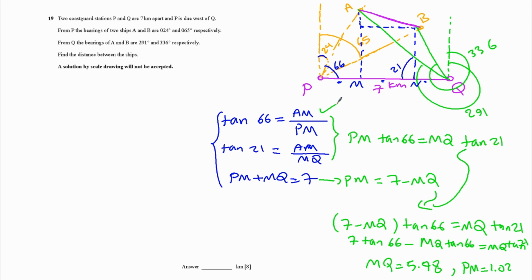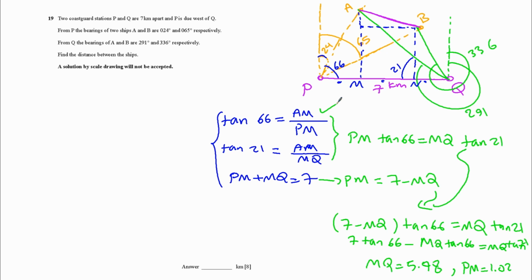So I can do tan of 66 times PM, which is 1.02. That would give me 2.29. So I'm just going to write it in here. So AM equals 2.29.